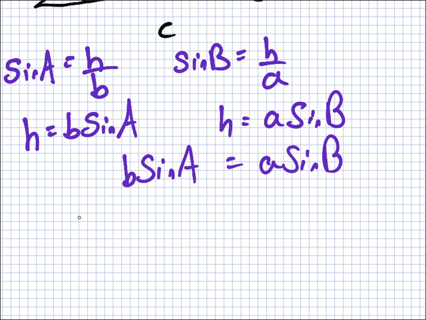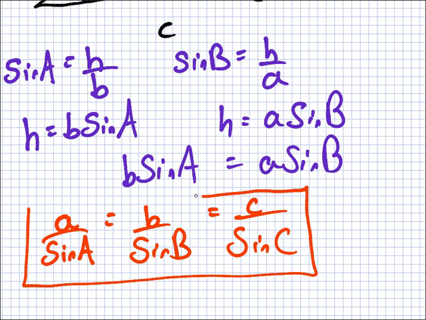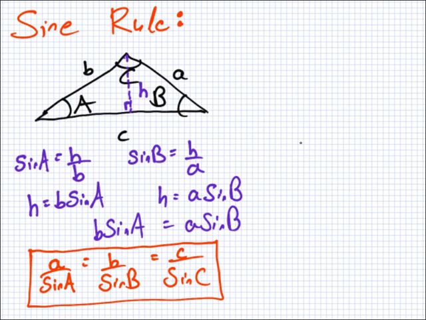We can say A over sine A equals B over sine B. And we can repeat and get C over sine C. And this is the sine rule. I'd like you to write that down. It's a short little proof. It's nice to have.